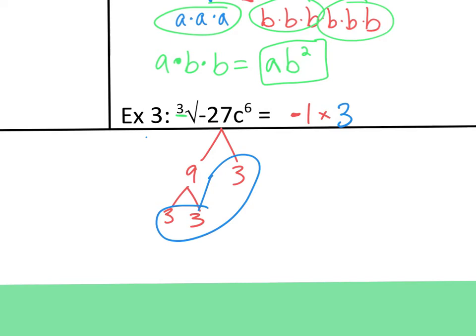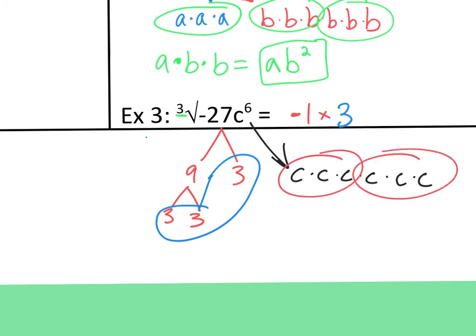Am I done yet? Yep, I still got to take care of this c to the 6th. How many of them do I have? 6. And how many groups of 3 is that? 2. So times c times c. So what is negative 1 times 3 times c times c?